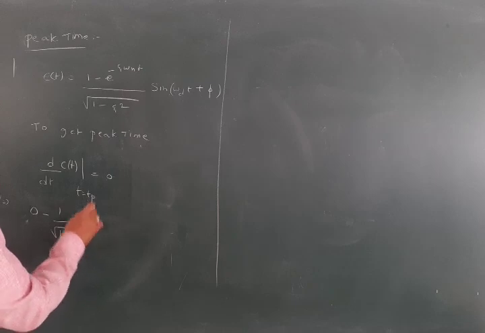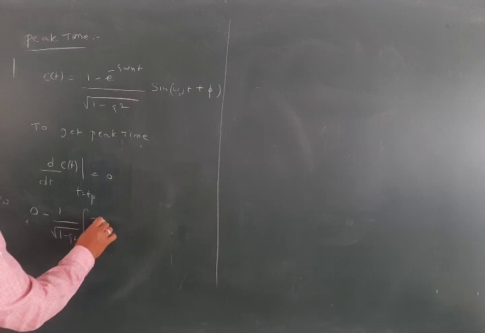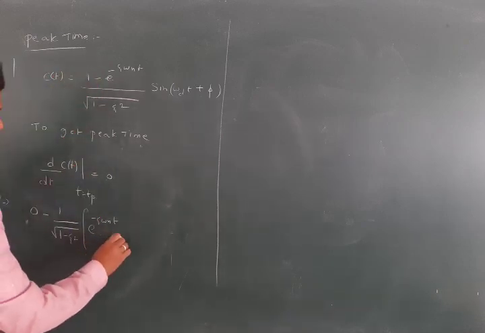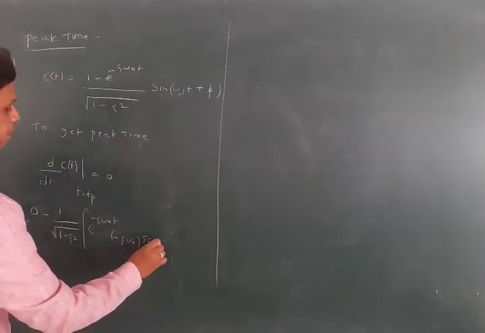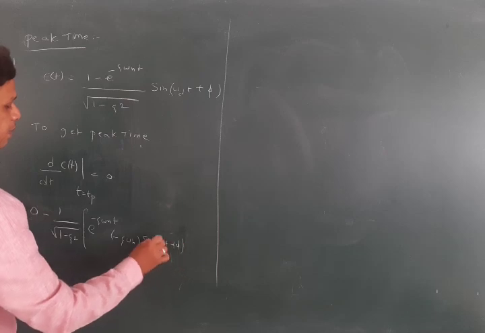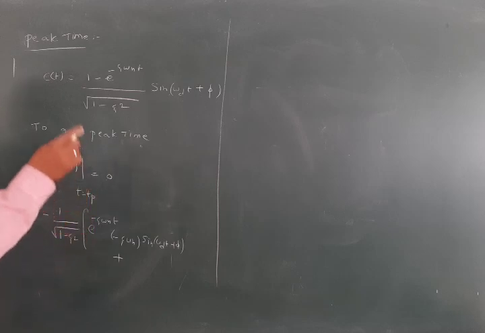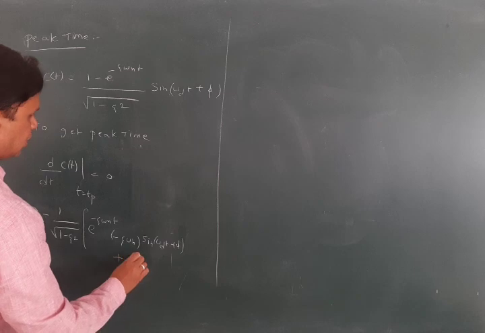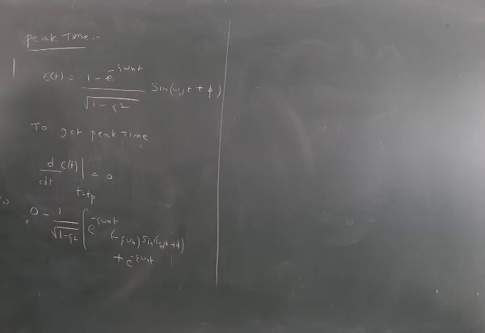Now I am differentiating this and keeping this constant. Here e power minus zeta omega n t into its derivative, which is minus zeta omega n, and sine of omega d t plus phi is constant. Again plus, now I keep this one constant and differentiate the other: e power minus zeta omega n t into the derivative of sine, which is cos.